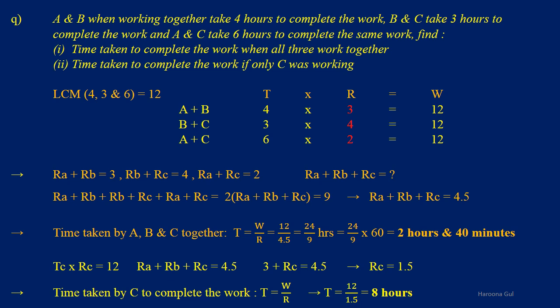We can substitute this value in the equation RA plus RB plus RC is equal to 4.5 to get 3 plus RC equal to 4.5. Transposing 3 to the right side, we get RC equal to 1.5 units per hour. So the time taken by C to complete the work would be equal to 8 hours.